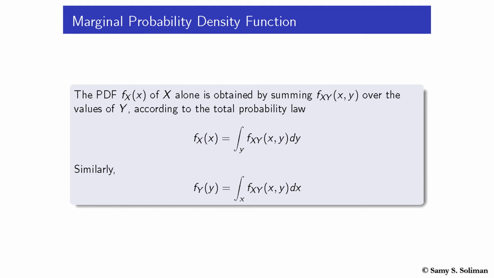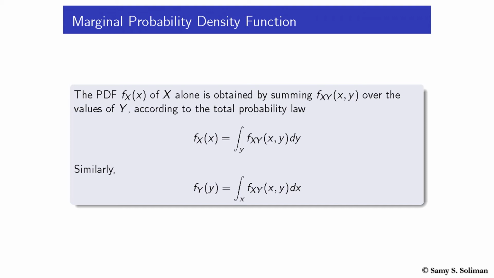Similarly, as we did for discrete random variables, we might be interested in finding the marginal probability density function of each of the two random variables, and we do it the same way we did before. The only difference is that instead of summing the joint distribution over all the values of one of the random variables, we do this via integration.